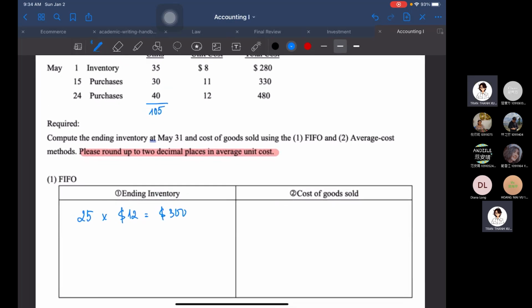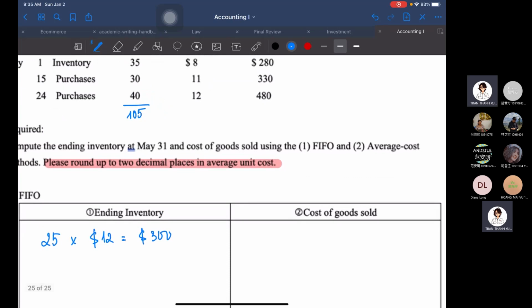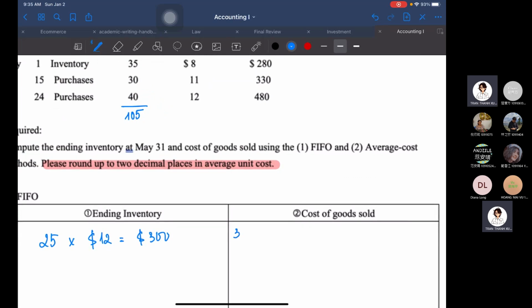Okay, for the cost of goods sold, we're going to get 25 times base plus 30.